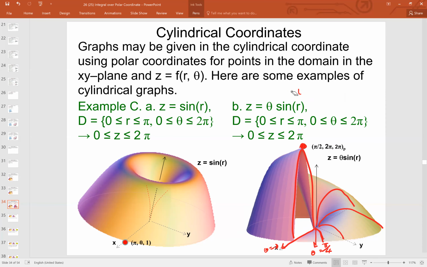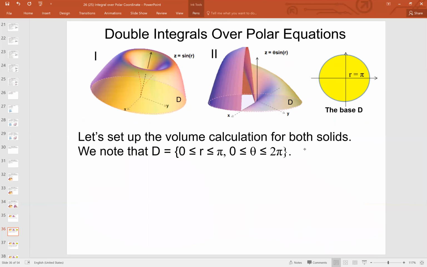So the interesting part about these examples is actually the graph itself. The calculation is pretty easy. To calculate the volume underneath this surface, we just convert into polar coordinates. Okay? And the domain they sit on is the disk of radius pi.